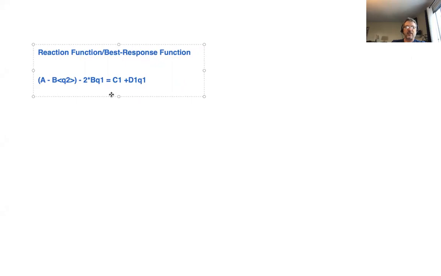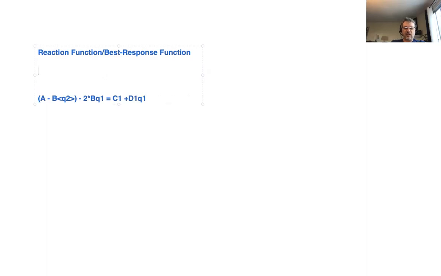This was the best reaction function, or best response function, and sometimes you call it the reaction function, for just firm one. Remember the left-hand side of this, I'll remind you how we get there.